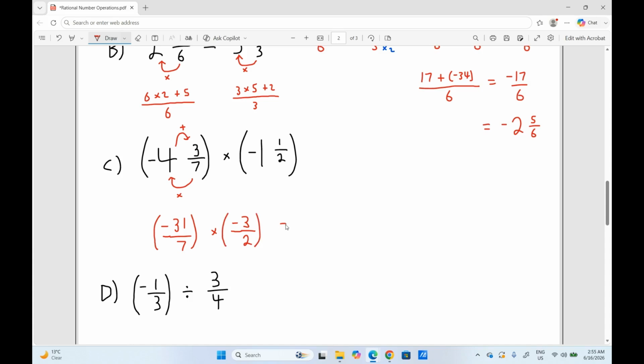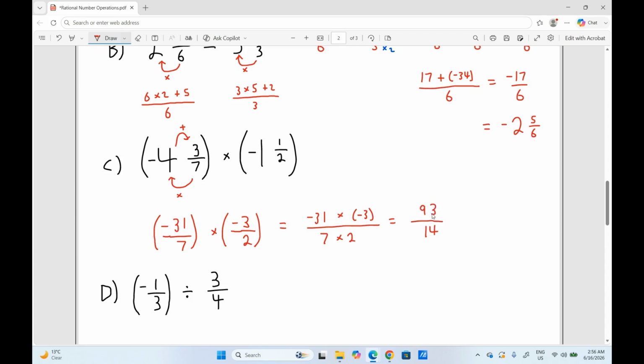Recall for multiplying, you just multiply the numerator by the numerator and the denominator by the denominator. So I'm going to have negative 31 times negative 3 on the top. On the bottom, I'm just going to have 7 times 2. Now, 7 times 2 is 14. If you recall, a negative times a negative is just going to be a positive, so you just have to compute 31 times 3, which would be 93.